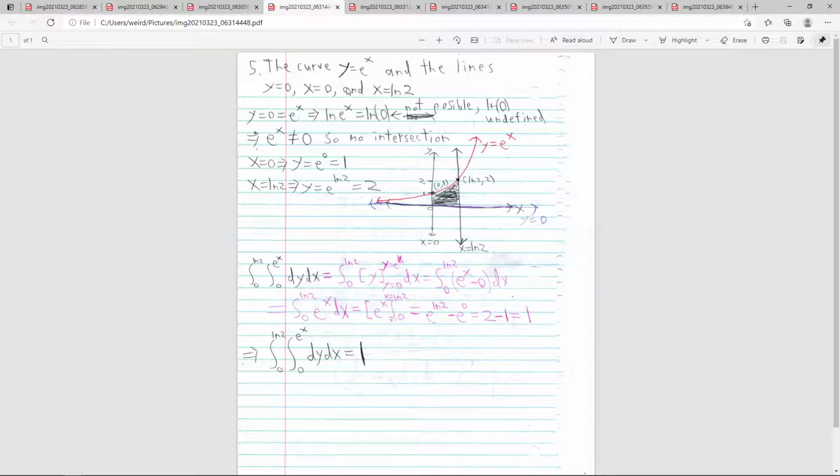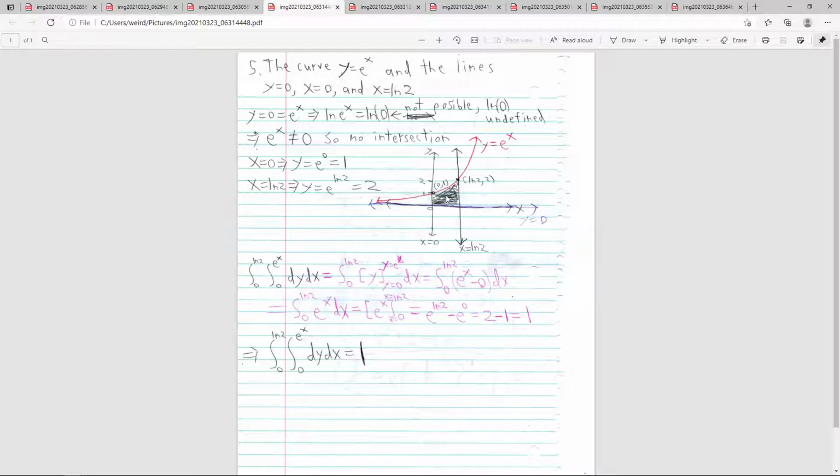So we have x equals 0 and x equals ln 2. x equals 0 definitely won't intersect here because e to the 0 is 1. We have y equals 0. So it's just this region with 4 sides: x equals ln 2, x equals 0, y equals e to the x, and y equals 0.